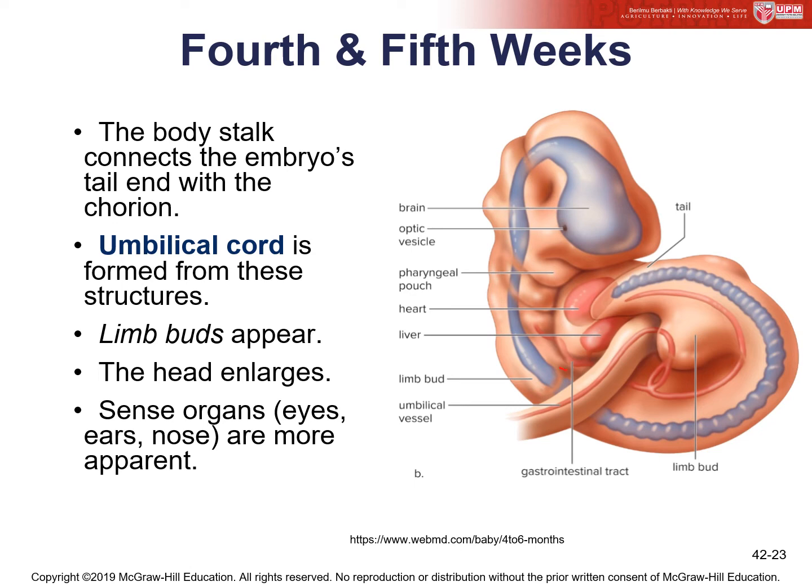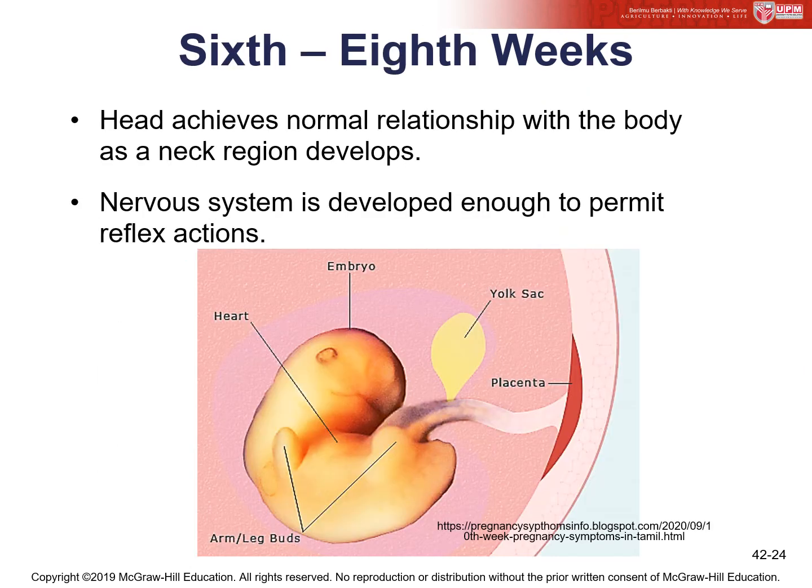The first limb buds will form our hands, and the second limb buds, the lower part, will form our legs. And we also have a large head here, and we are developing our sense organs such as the eyes, ears, and nose. In the 6th to 8th week, we start to have a neck region, and we also start giving reflexes.